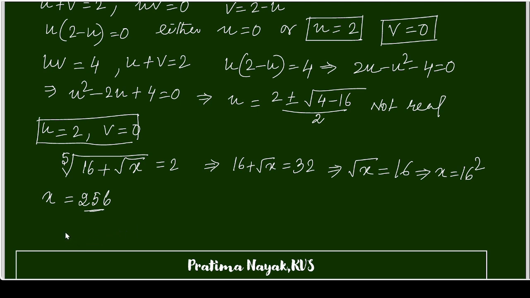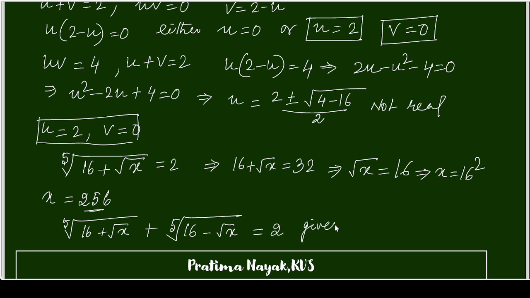So fifth root of 16 plus square root of x plus fifth root of 16 minus square root of x equals 2 gives only one answer, x equal to 256.